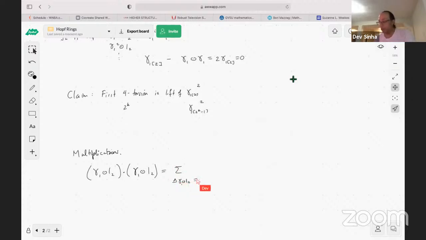And what is its coproduct? Again, I'm only going to think about the 2-2 component of the coproduct, and that's just gamma 1 tensor 1 plus 1 tensor gamma 1.